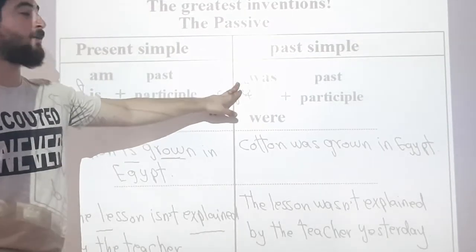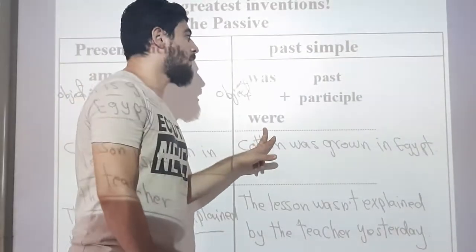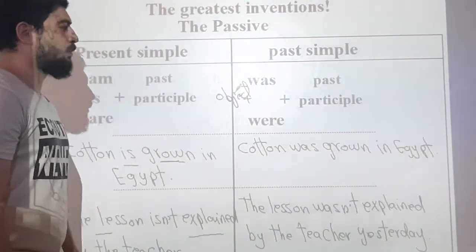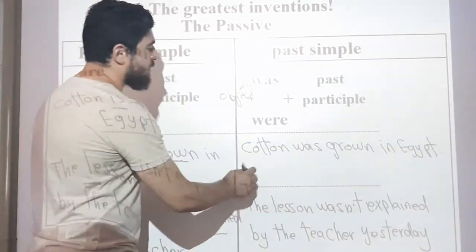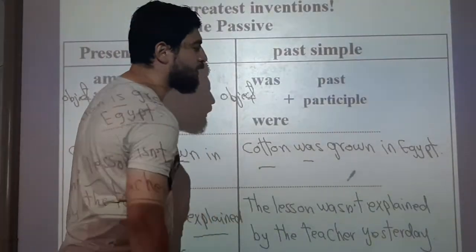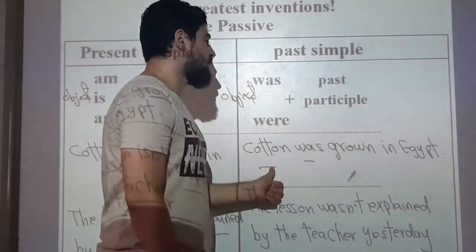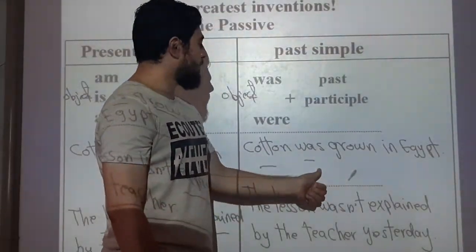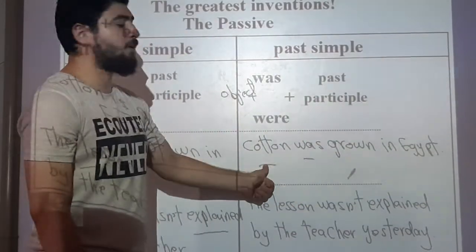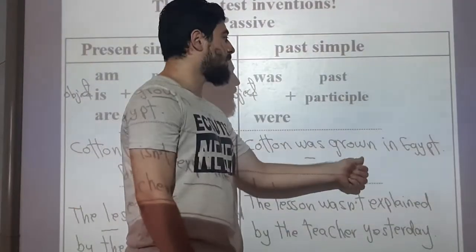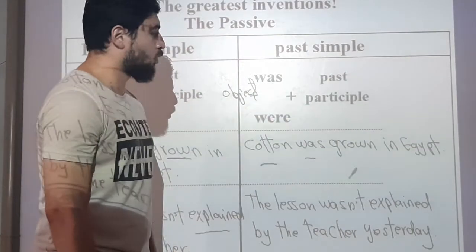Was with the singular noun and were with the plural nouns, and past participle, the third form of the verb. For example, cotton was grown in Egypt. Again, cotton was grown in Egypt. Cotton is the object. Was because we have here an uncountable noun, and the third form of the verb grow, grown.